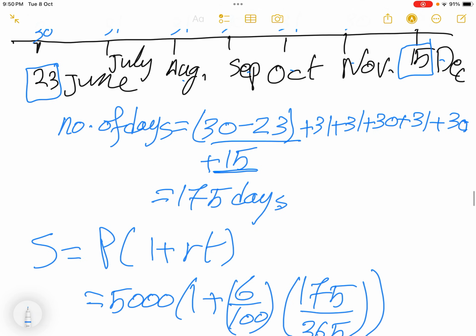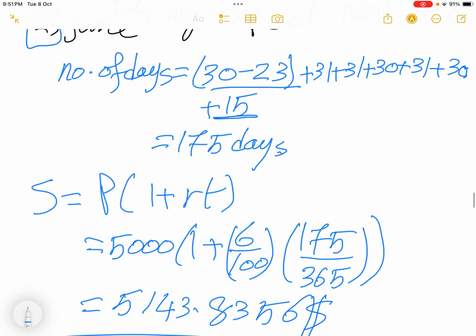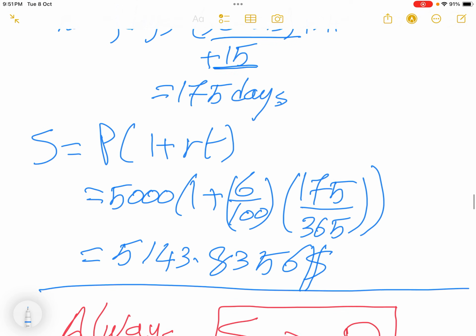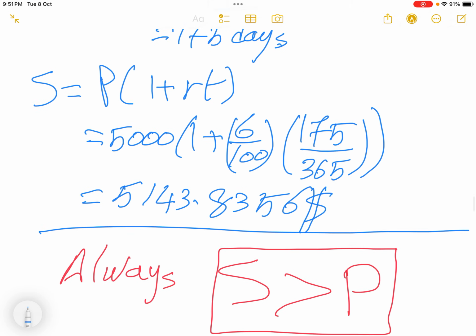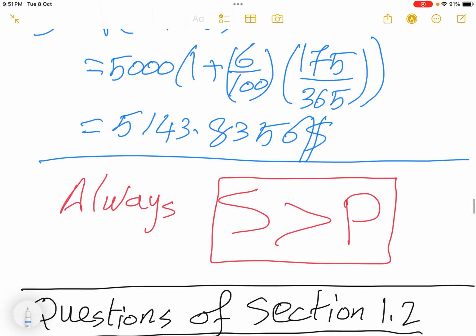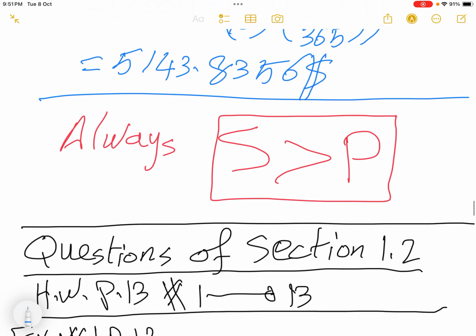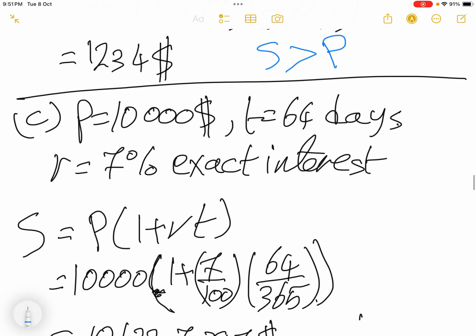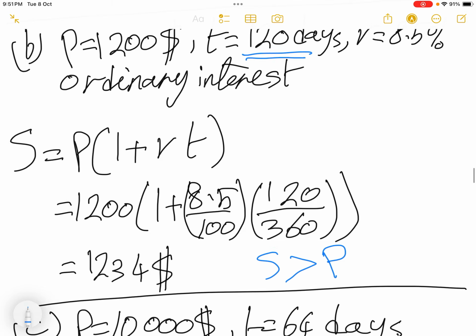This is 175 days, and divide by 365, which is 5,143.8356. Always S greater than B.